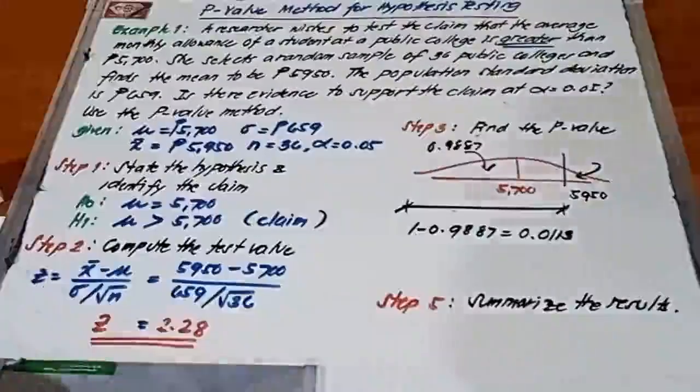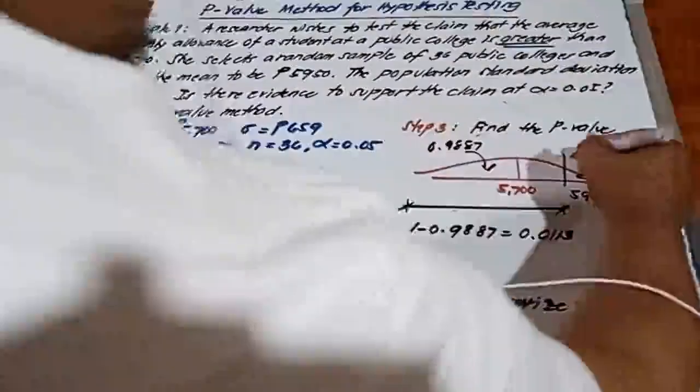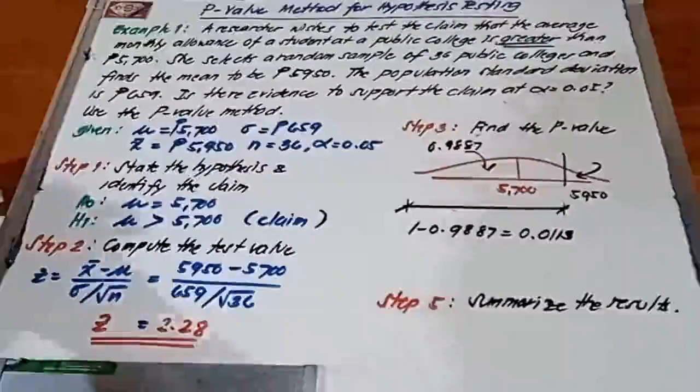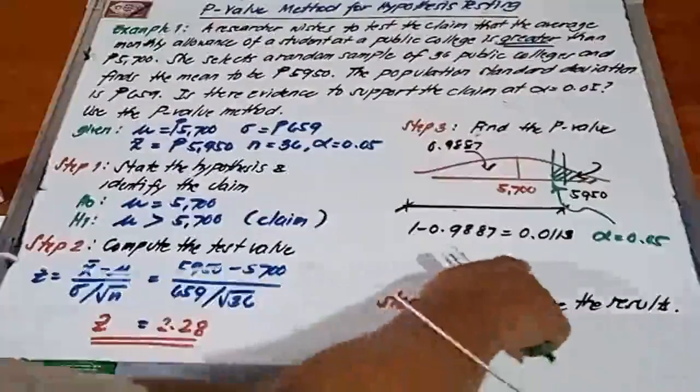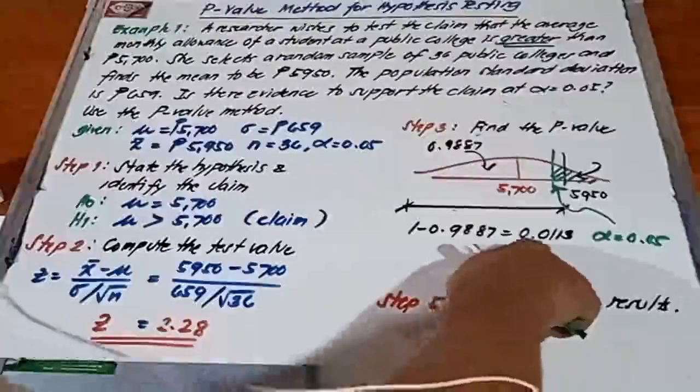Okay? Pero yung ating alpha is 0.05. Okay? So ang 0.05 natin is this one. Yun yung alpha natin. Alpha is 0.05. And then yung ating p-value for z-score of 2.28 is 0.0113.